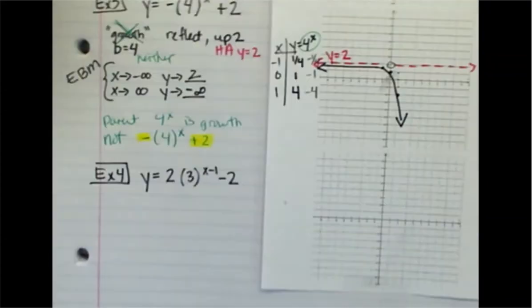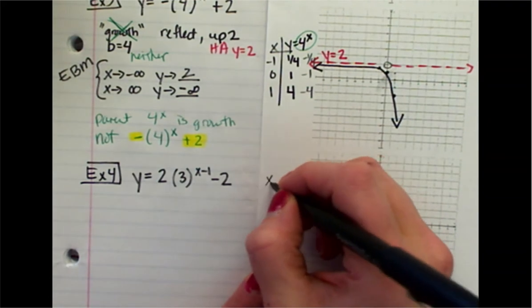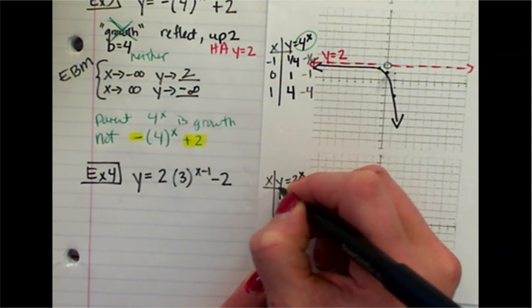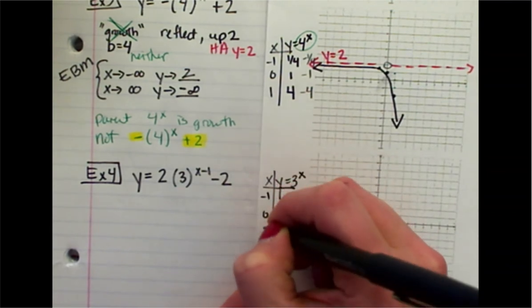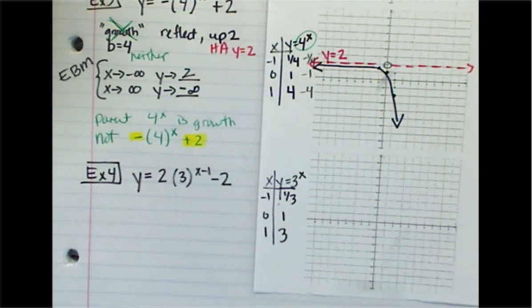Okay. See if you can do the graph, right? I'll give you a minute to start it. See what you come up with. Okay. Gave you a little starting point.